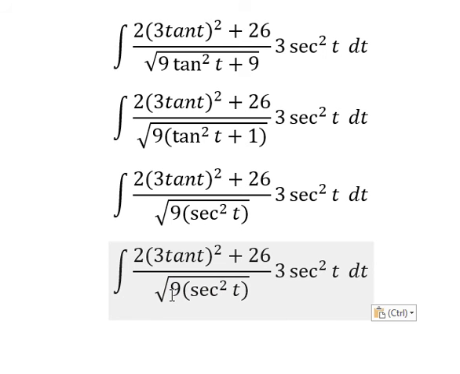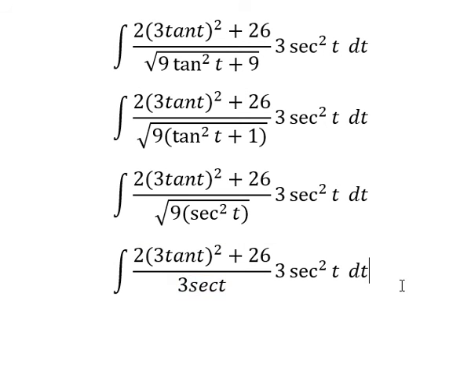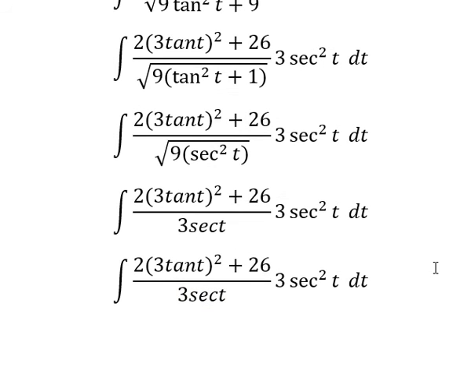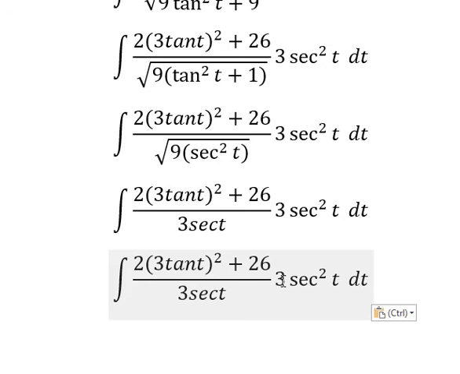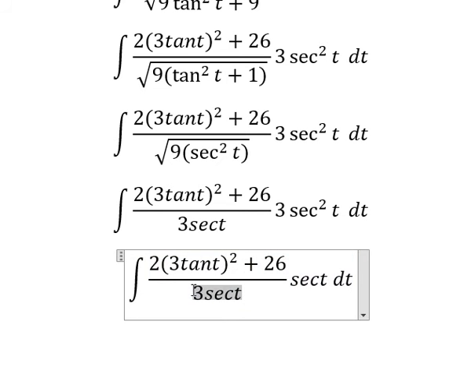The square root of 9 secant squared t gives 3 secant t. Now we need to simplify 3 secant t on the numerator and denominator. And now we just have this one left.